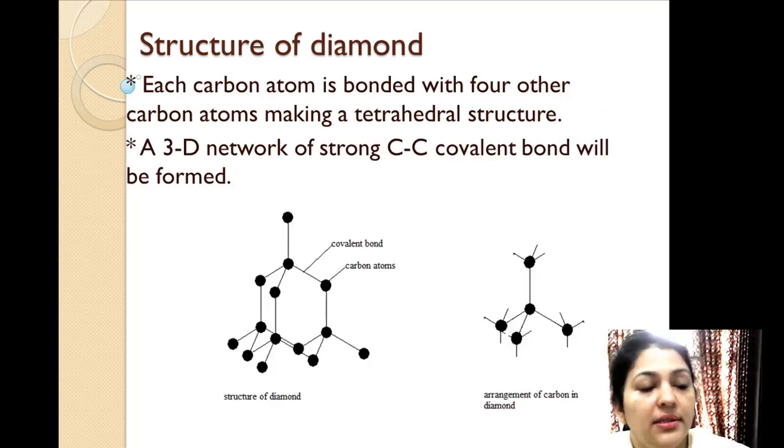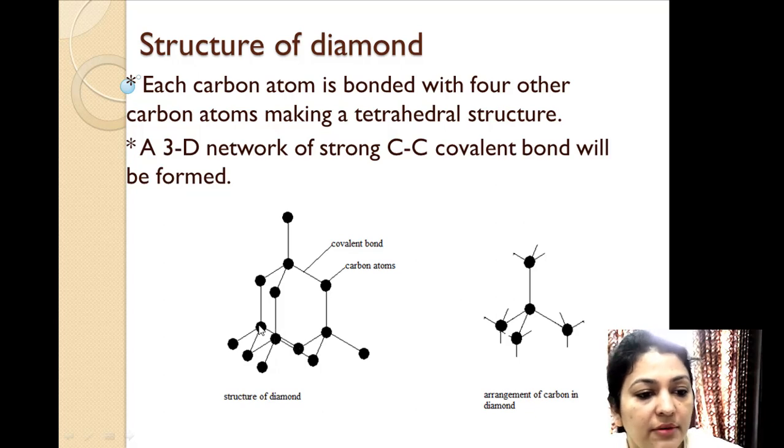Okay, let's learn about the structure of diamond. See here, this is the structure of diamond. You can see in diamond, each carbon atom is bonded with 4 other carbon atoms. If you take each carbon, it is bonded with 4 other carbon atoms.